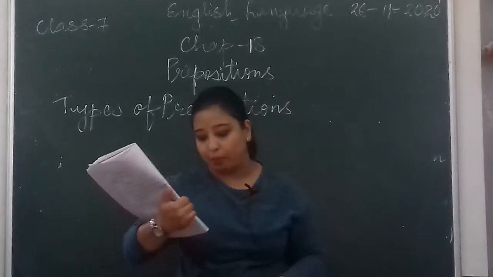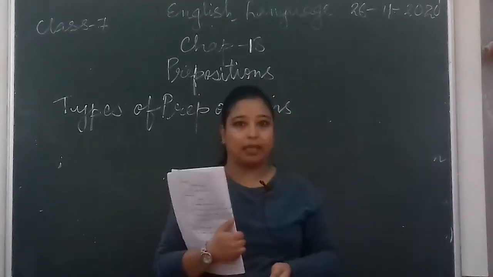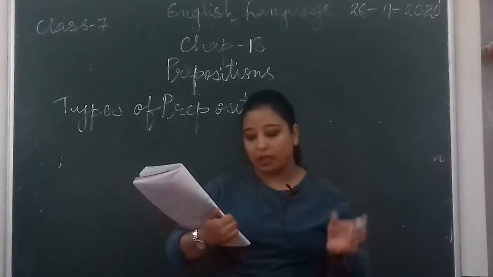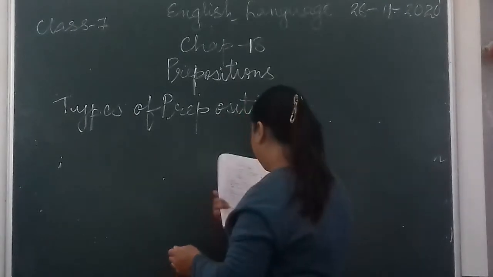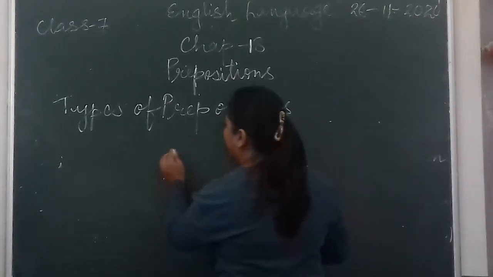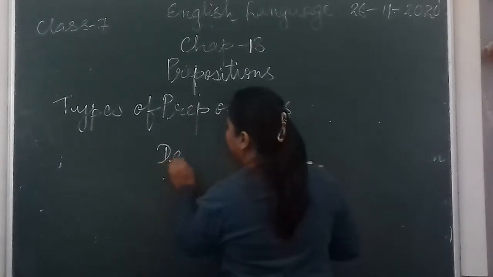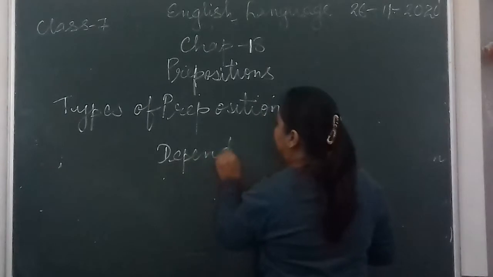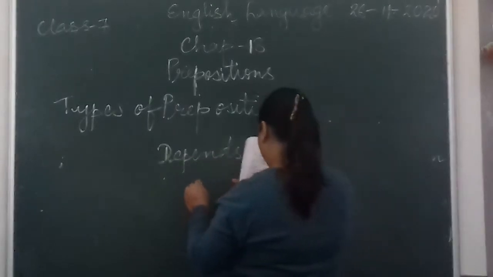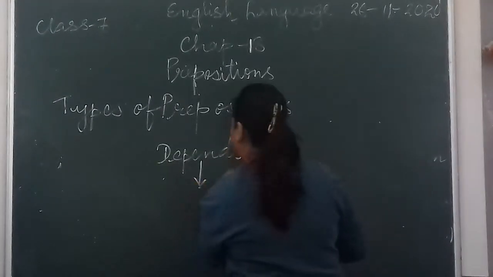Okay, for example, when something is taking place, that is known as the preposition of time. Now see, a preposition depends on three things.